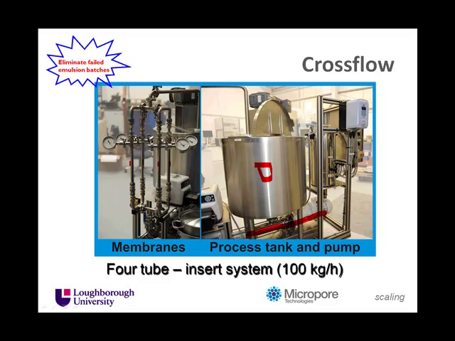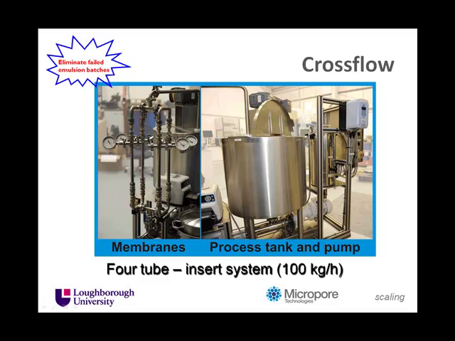And this is a cross-flow system with continual recycle, and it's possible to generate an emulsion up to something in the order of 100 kilograms per hour through these 4 tubes running in parallel. So it's a reasonably high production rate compared to other techniques for monosized drop production.